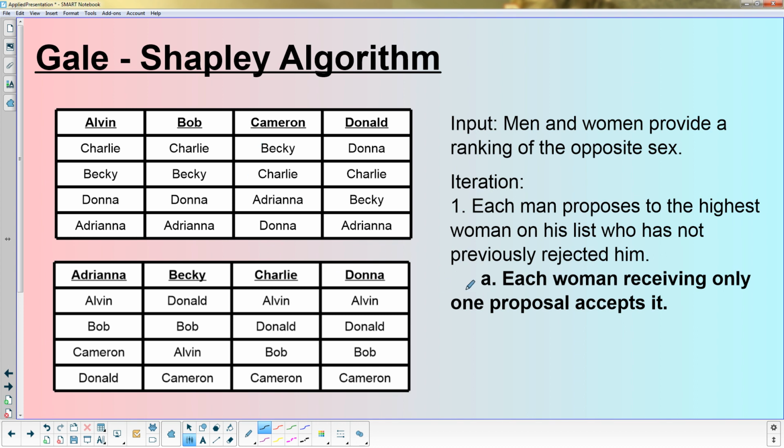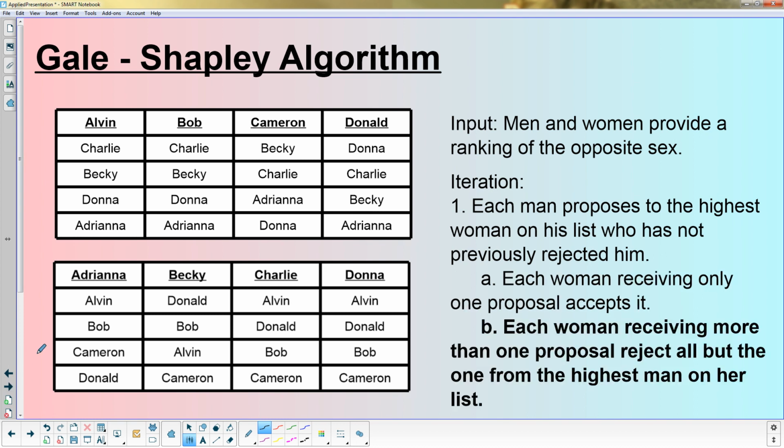Each woman, if she receives only one proposal, she's going to accept it. And that goes by that assumption that a woman would rather be with anyone rather than no one. And then if a woman receives more than one proposal in any round of this algorithm, she's going to reject all but the one from the highest man on her list.